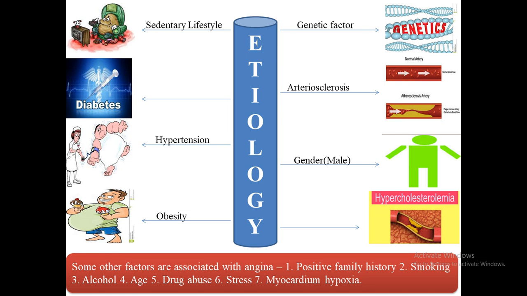Obesity is another factor, and hypercholesterolemia is another factor, and some others are positive family history, which is associated with the genetic factor, smoking, drinking alcohol, age, drug abuse, stress, and myocardial hypoxia. So these are the different etiologies or causes of angina pectoris.